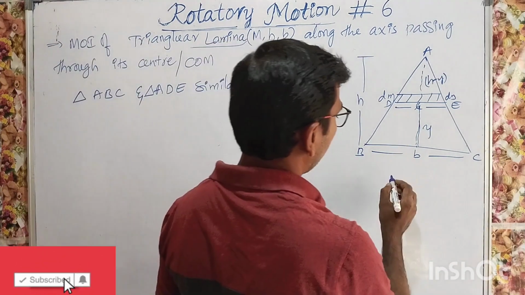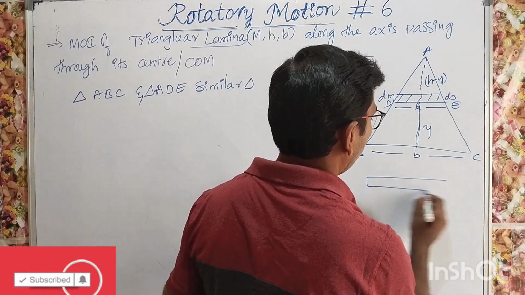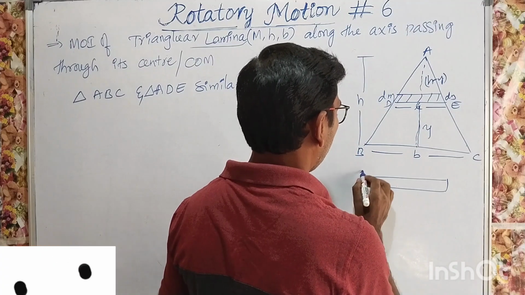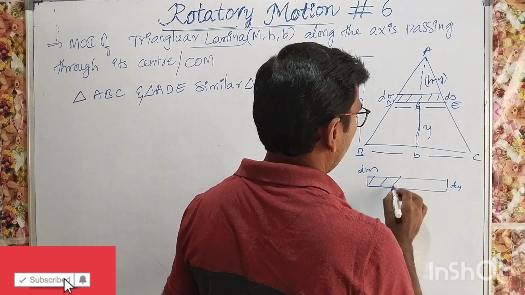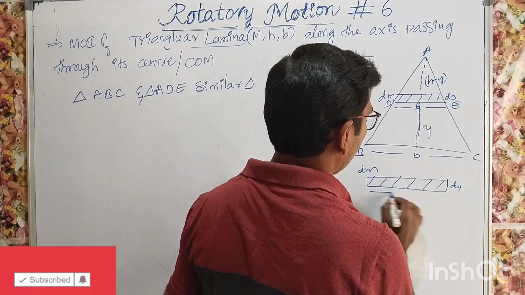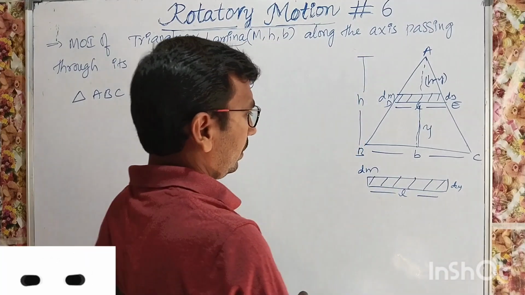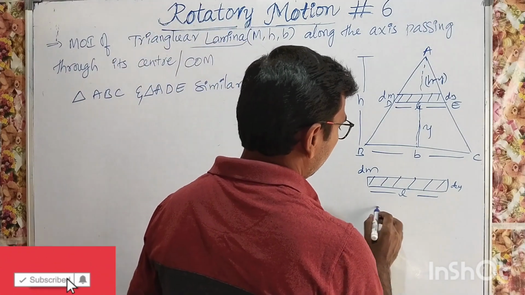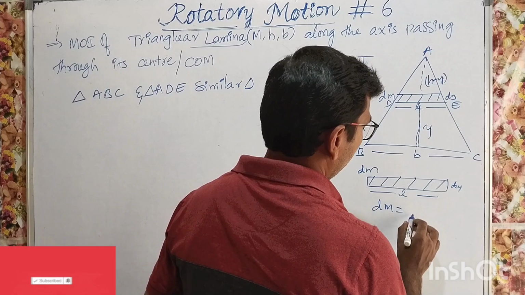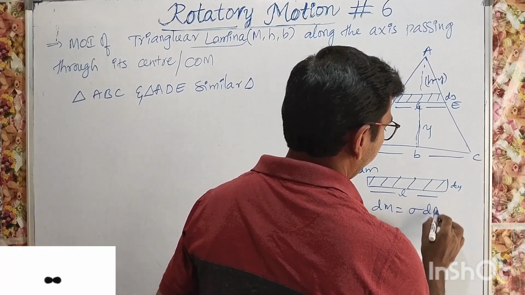So I will consider first a small element dm. This is a small element dm, this thickness is dy, and this length is L. This is two-dimensional, so you can write dm is equal to sigma dA.